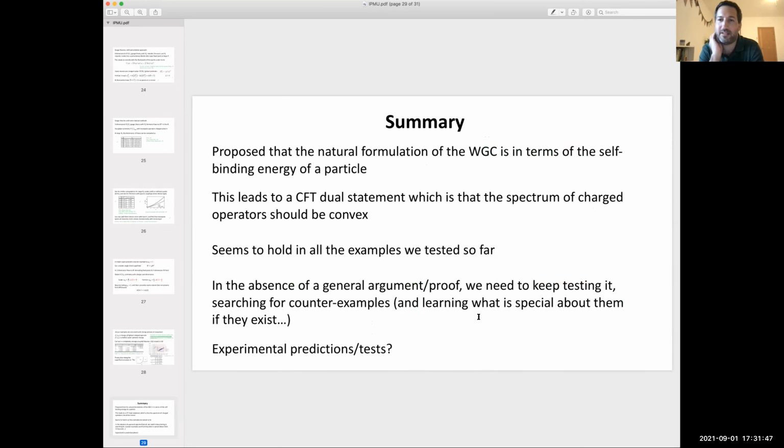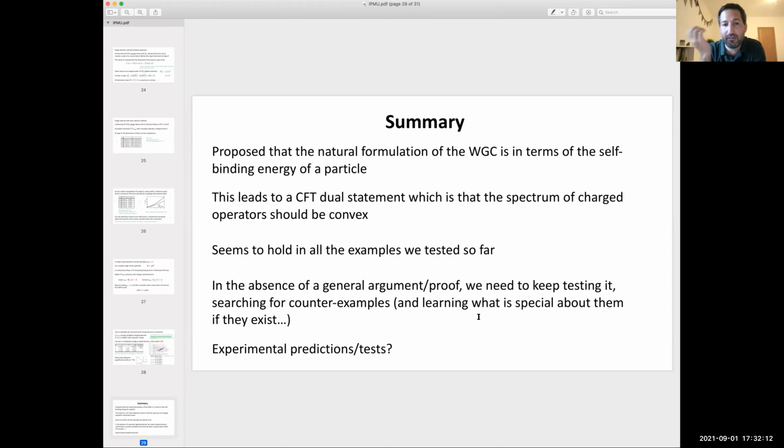So the next slide, that's the end of the talk, I think. To summarize, we propose that the natural formulation of the weak gravity conjecture should be in terms of the self-binding energy of the particle. This leads to a very neat and simple CFT dual statement, which is that the spectrum of charged operators should be convex. It seems to hold in all the examples we tested so far.